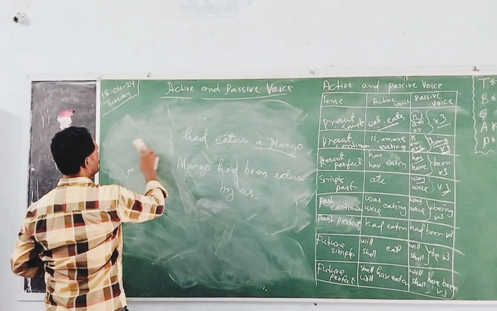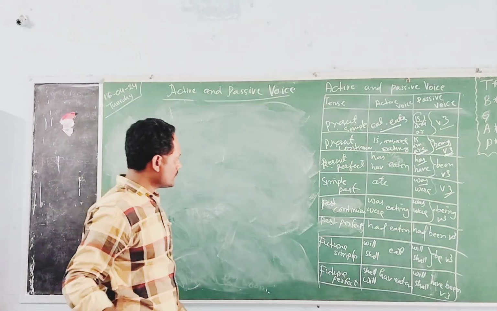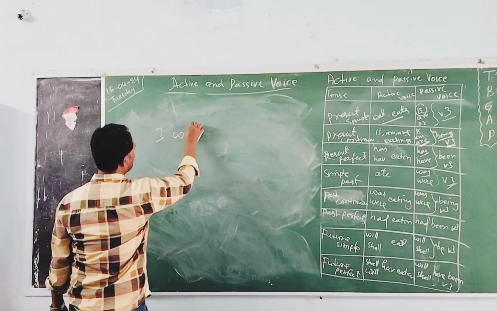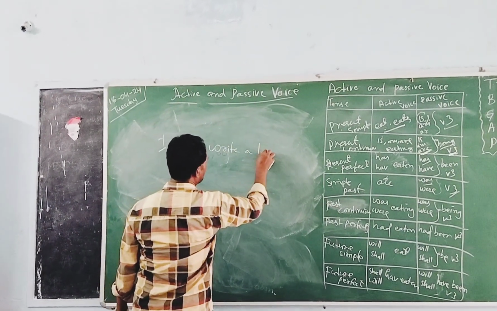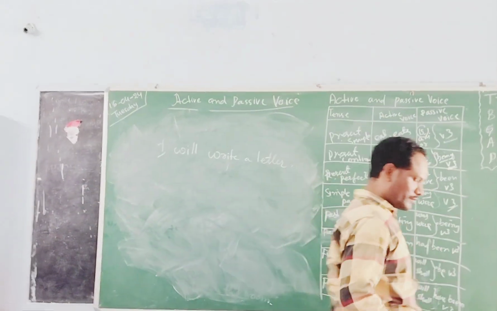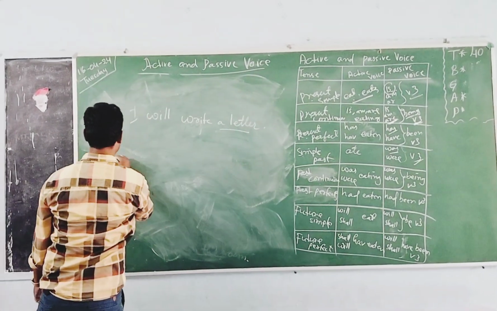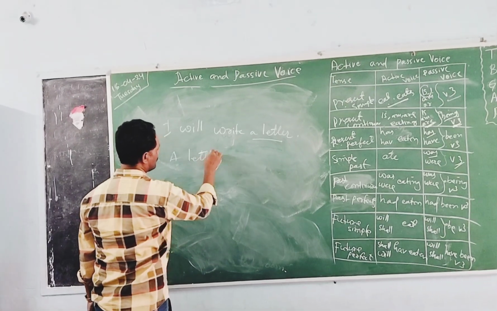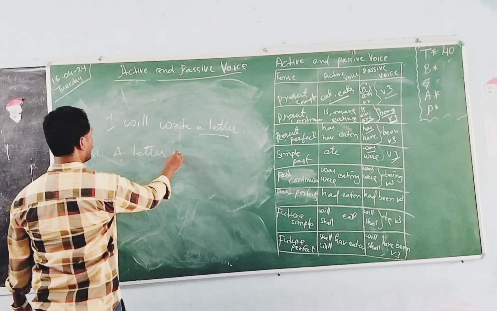Next we are going to have future simple. I will write a letter. What's the formula? Let us take the object first. A letter, passive form. Singular or plural? Singular. A letter will be.